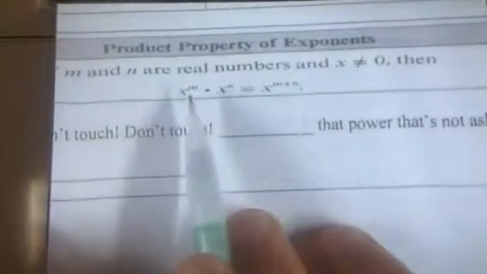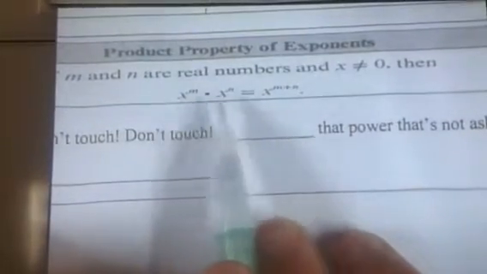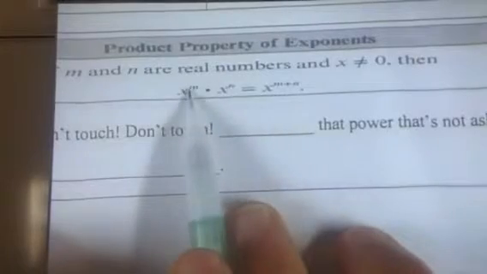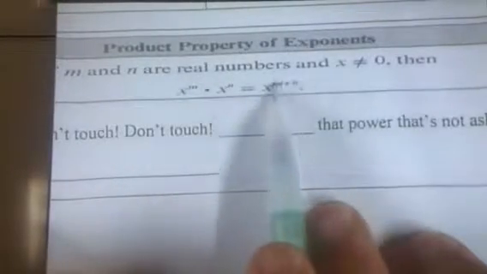So this problem was made to show you this is where the product property that we're about to look at comes from. The product property says that if m and n are real numbers and x is not 0, then if you've got the same base, x the same base, and you've got two different exponents, you can add the exponents when you are doing multiplication.